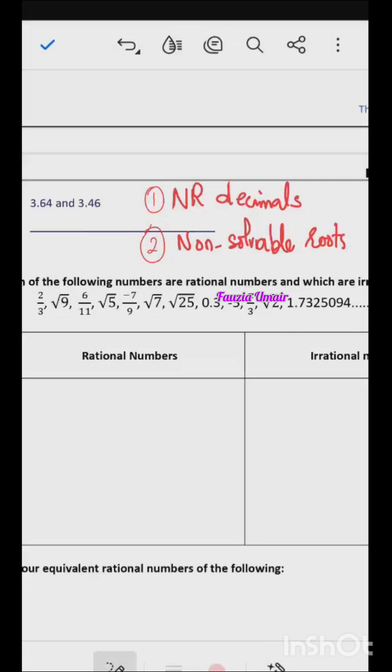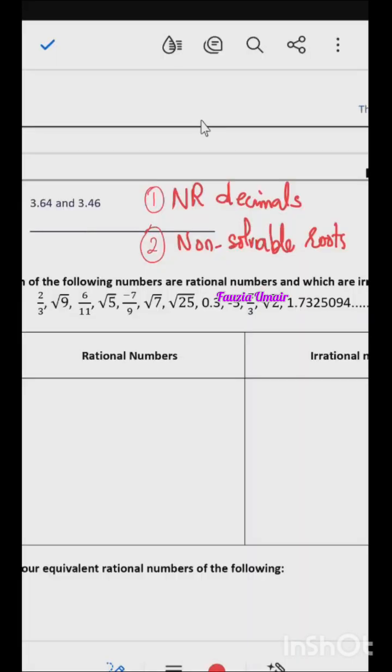So what about 2 by 3? Raise your hand for the answer. What is the decimal form of 2 by 3? Keep your mics muted. See beta, 2 by 3.